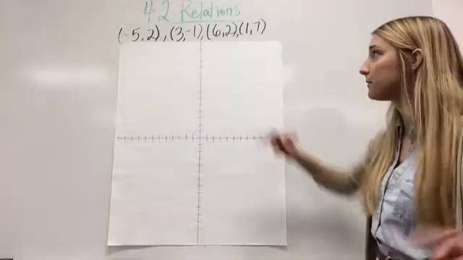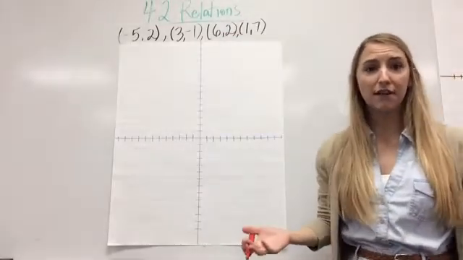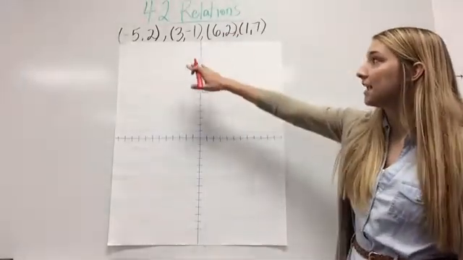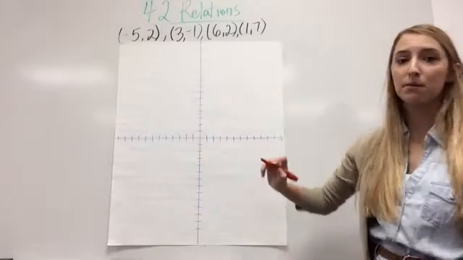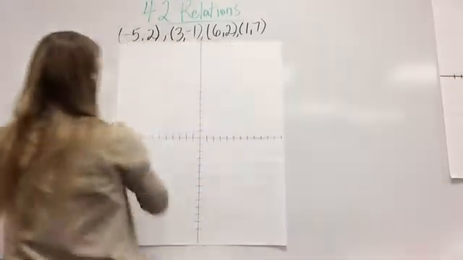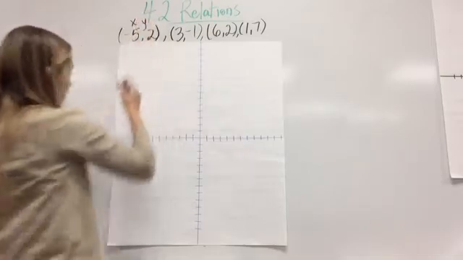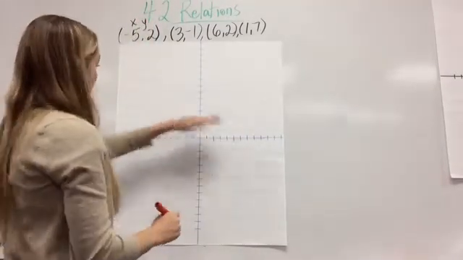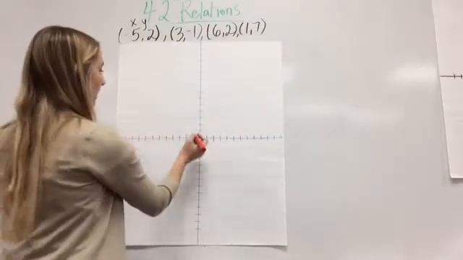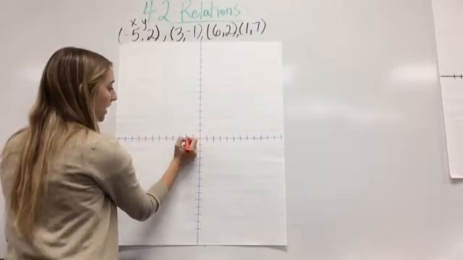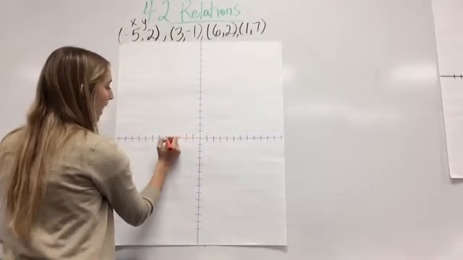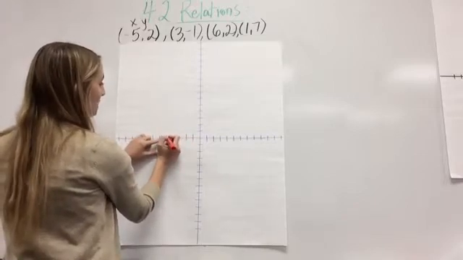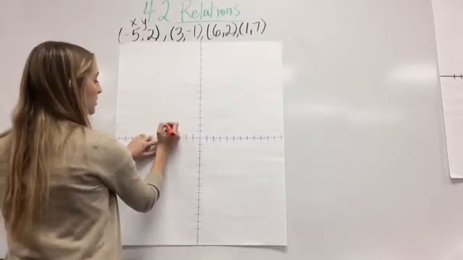Okay, so I would just start from left to right and graph each point. So we have -5, 2, and again, remember that first value is the x, and the second value is the y. So since I have a -5 and it's on the x-axis, I'm going to the left 5. 1, 2, 3, 4, 5, and then I have to go up 2 on the y. 1, 2.